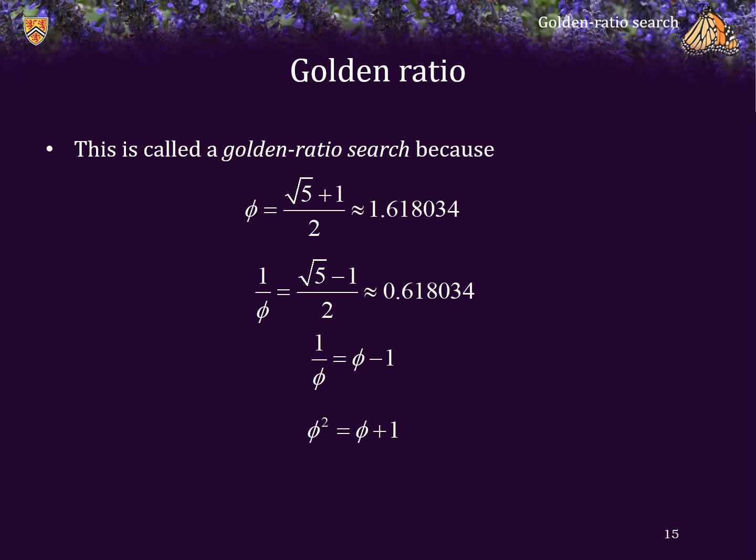The golden ratio squared is equal to the golden ratio plus 1, and that is a consequence of it being the root of the equation we just saw. All right, so consequently the two interior points divide the interval into a golden ratio. As one further aside, the golden ratio cubed is twice the golden ratio plus 1.